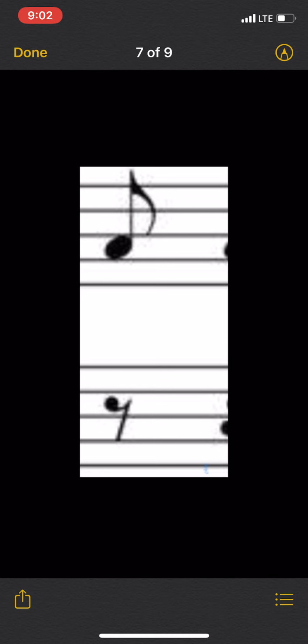So if I do a measure of eighth notes, which gets its name because 4 times 2 is 8, right? We're trying to get to the number 4, and it takes 2 eighth notes to get 1 beat. So that's why it's called eighth note. There are going to be 8 of these in each measure if you're going to have a measure filled with eighth notes.